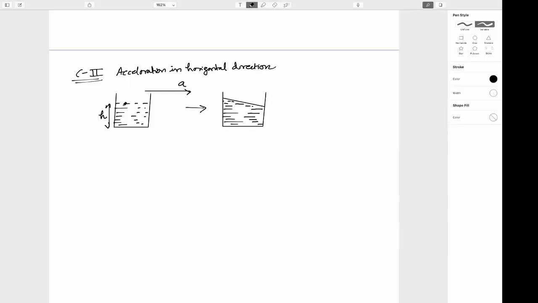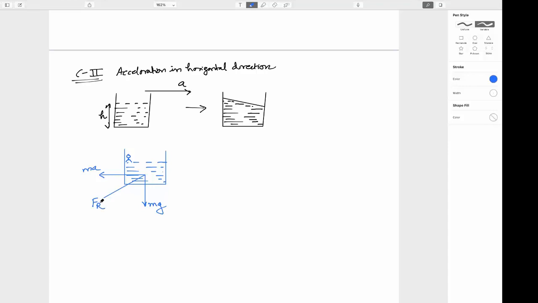You can interpret it by simply thinking that if I make a free body diagram of this, mg is acting downward. Because it is accelerating in this direction, if you sit using the pseudo force method, you will feel the acceleration in this direction and this will become ma. The resultant force on this complete fluid parcel is this.